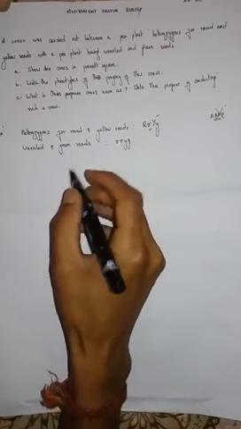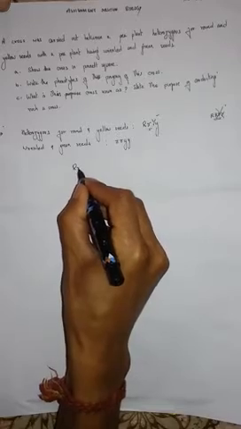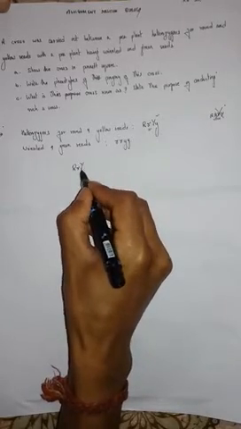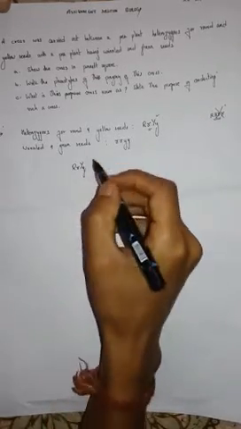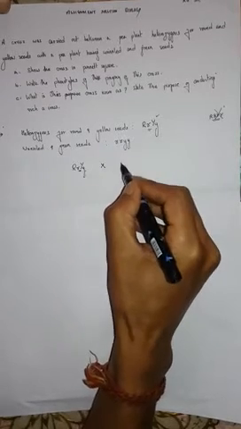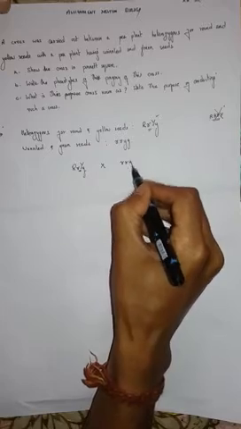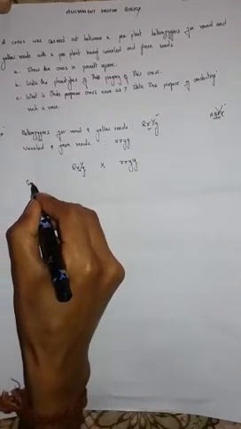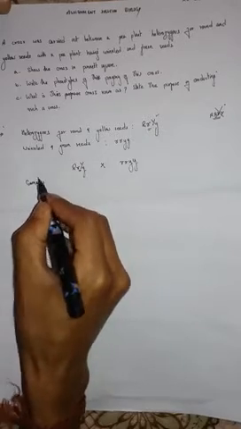Question A says to show the cross in a Punnett square. So let's start. We have capital R, small r, capital Y and small y, which is heterozygous for round and yellow seeds, being crossed with wrinkled and green seeds. Now let us form the gametes from these parents.